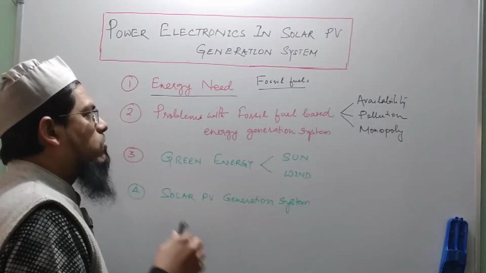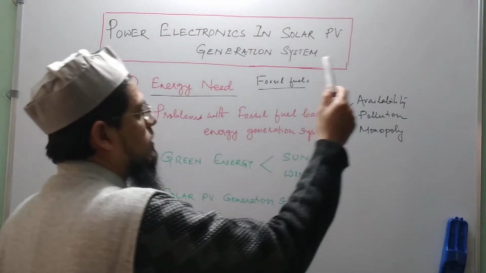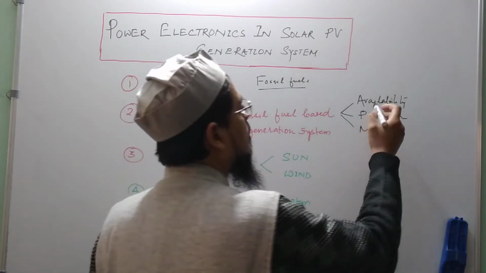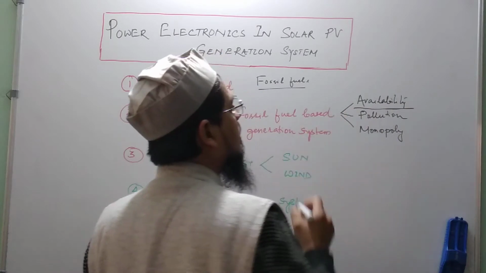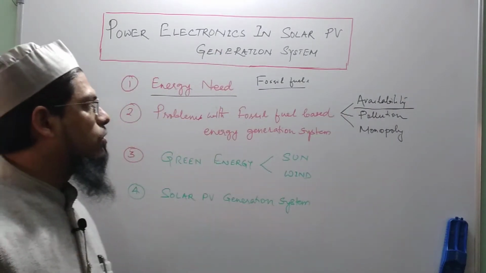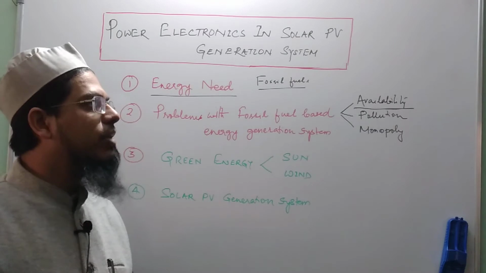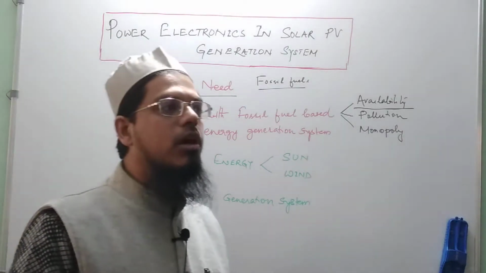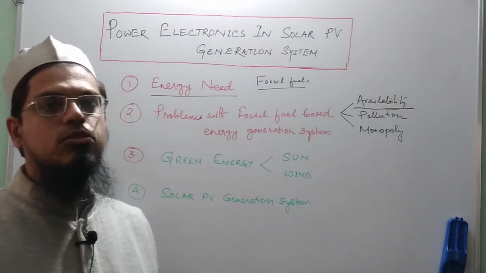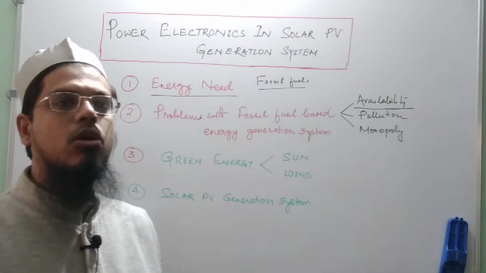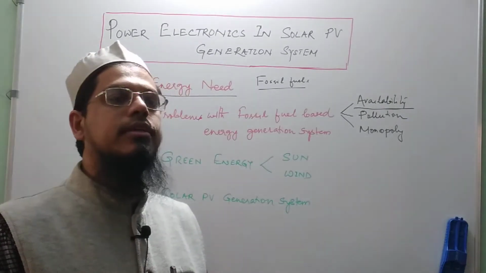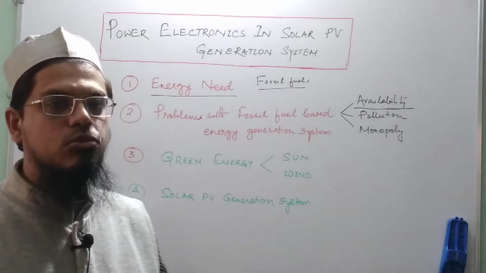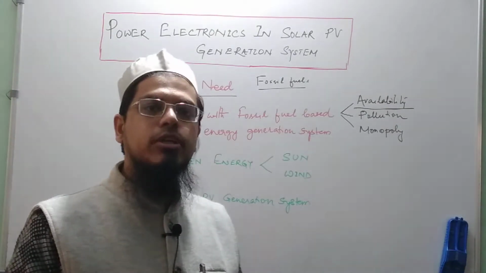So what are the shortcomings or what are the problems with fossil fuel based energy generation system? The first problem is linked to the availability. So by availability I mean they are not going to last forever. So be it coal or oil or natural gas or any type of fossil fuel based resource, that isn't going to last forever.